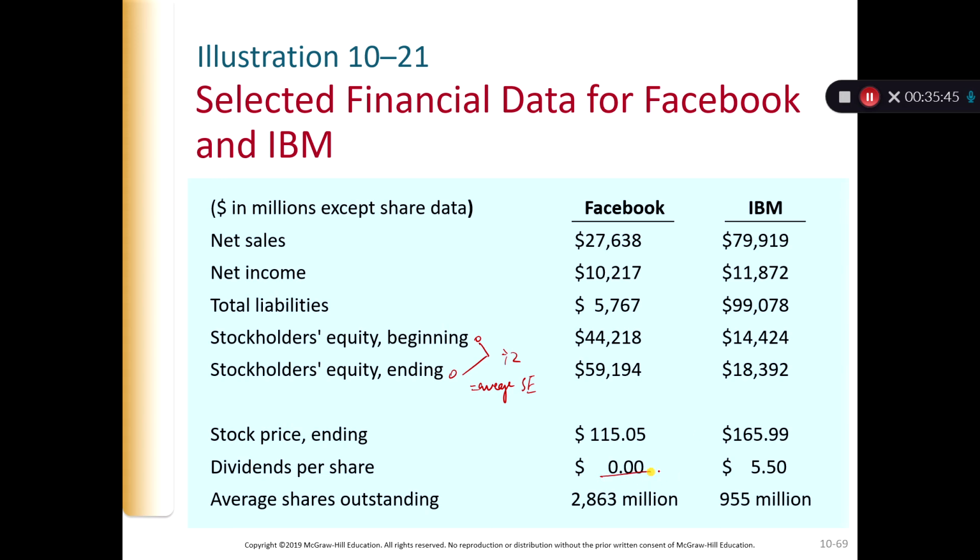So Facebook declares 0 dividend as its dividend policy, and IBM declared $5.50. The average shares outstanding for Facebook is 2,863 million, and for IBM is 955 million.